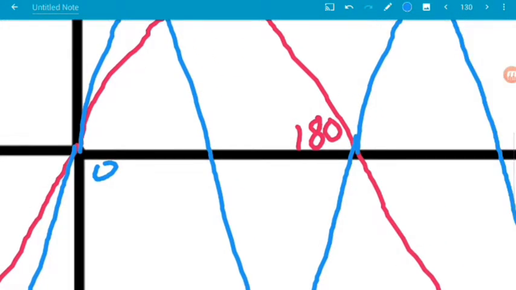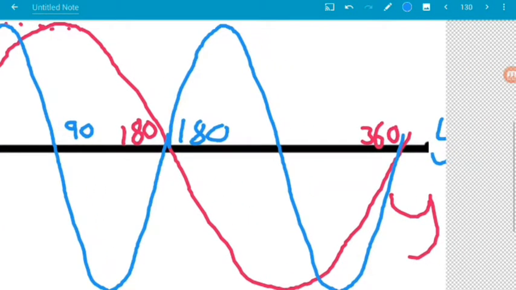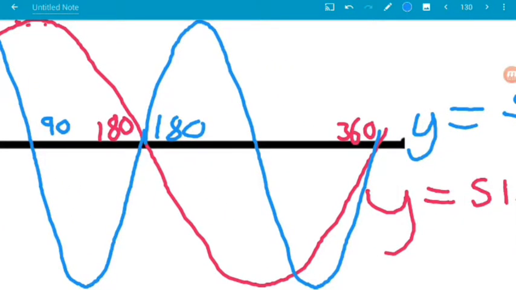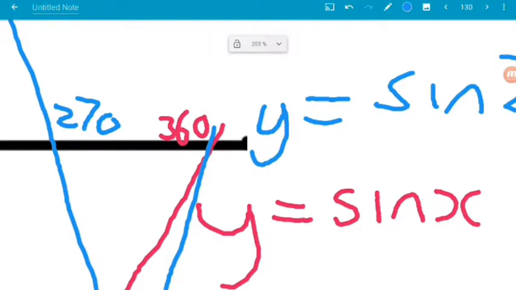We're going to go through 90 degrees, 180 degrees, 270 degrees, and 360 degrees again.